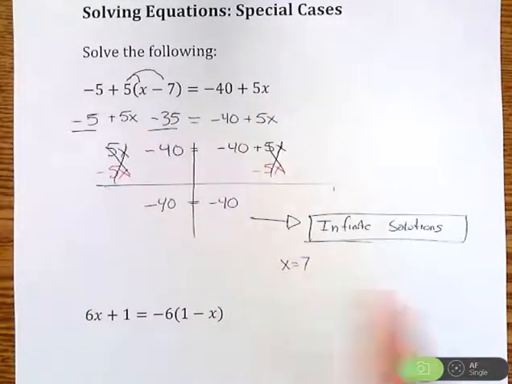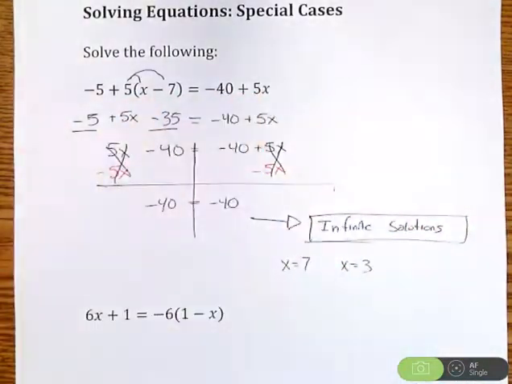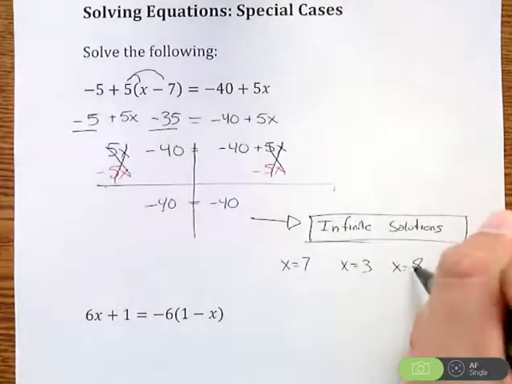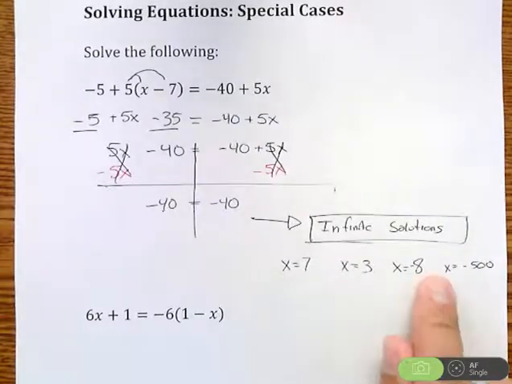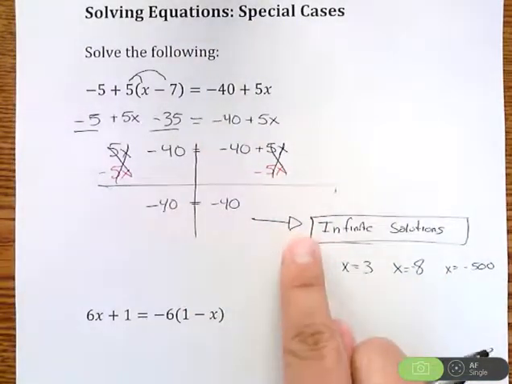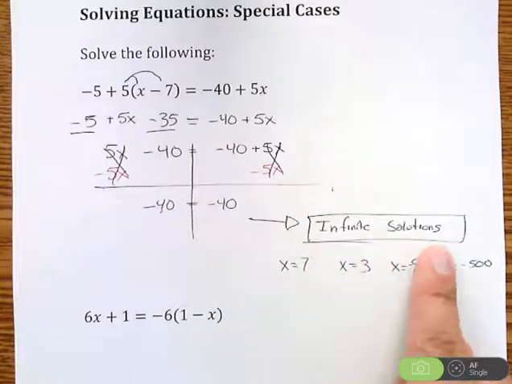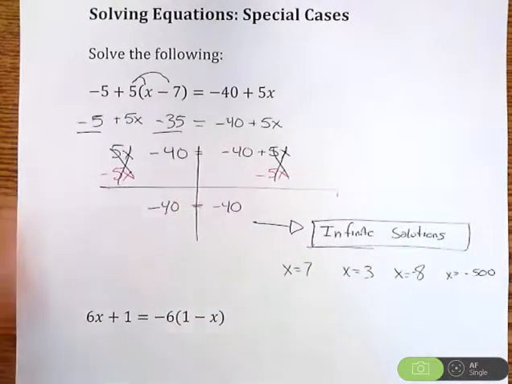If you plug in x equals 3, that's going to work. x equals -8, x equals -500, any answer you think of will be a solution. So we write infinite solutions. That's one of the special cases we could see.